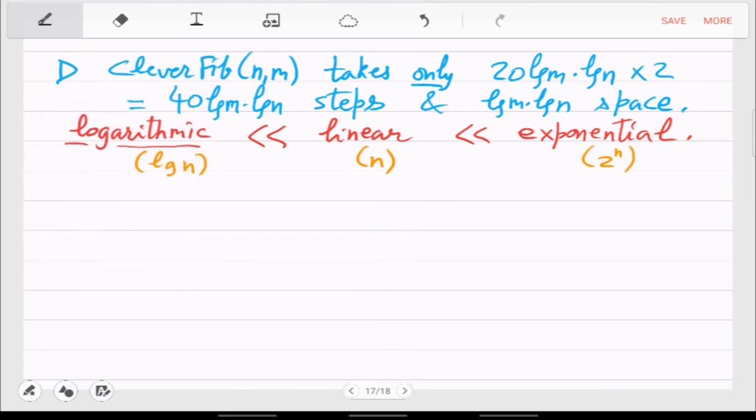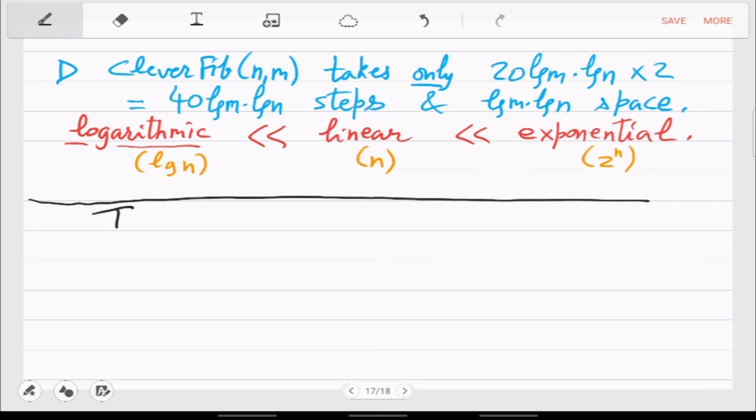Yes, so this discussion till now necessitates formalizing time complexity, where we don't have to worry about these factors of 20 and 2 and so on. So for that we'll need a proper notation. Let us try to formalize it a bit.